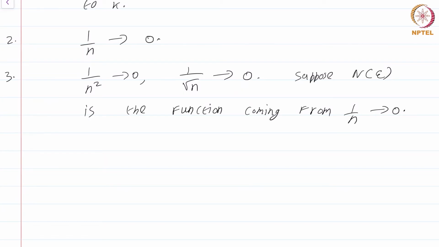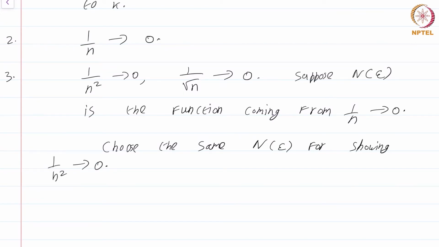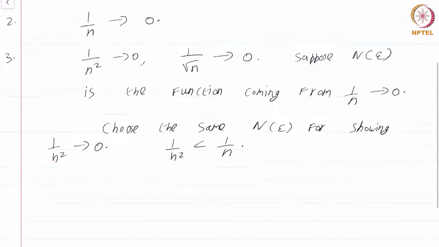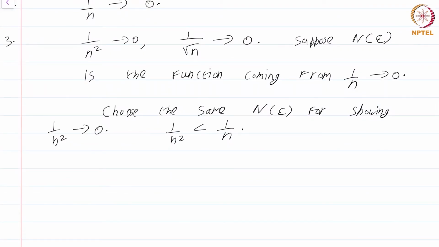Now, choose the same n of epsilon for showing 1 by n squared goes to 0. The same will work. Why will the same work? Because 1 by n squared is less than 1 by n. That's the reason. So the same n of epsilon will work.